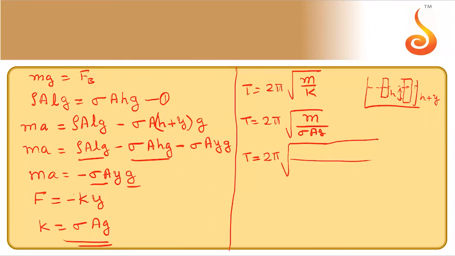So for mass, you can substitute density into volume, right? So do the calculation. Substitute and calculate time period, then the length of simple pendulum corresponding to this. Equate this to time period of simple pendulum 2 pi root of L by g and calculate L, right?